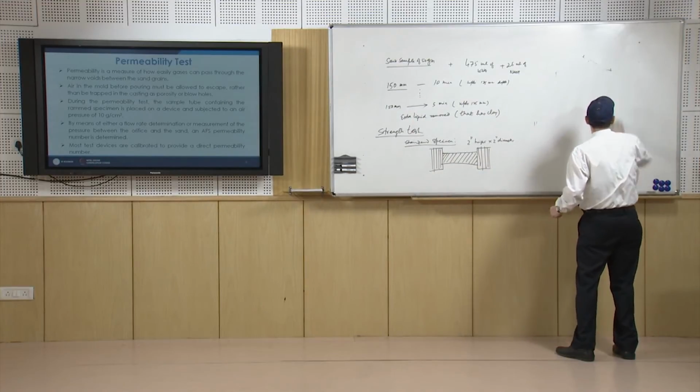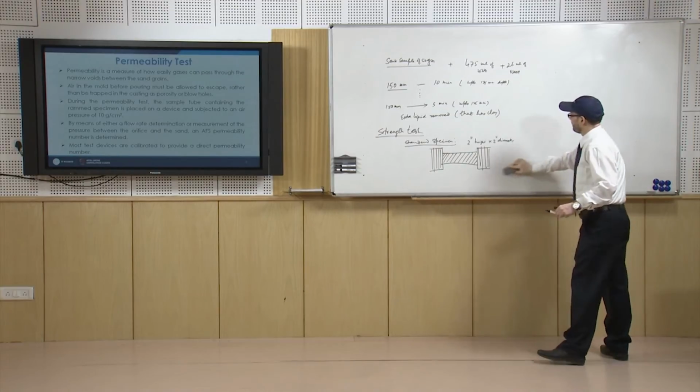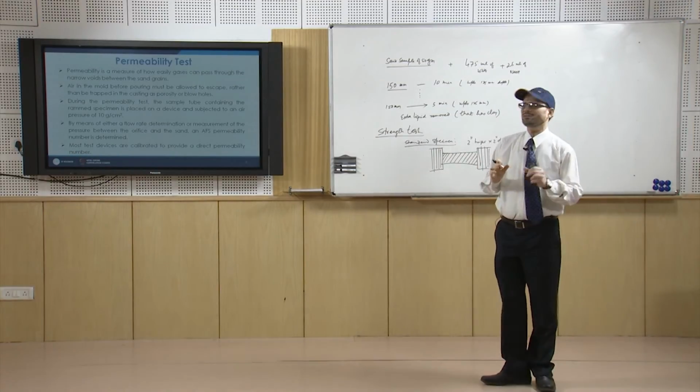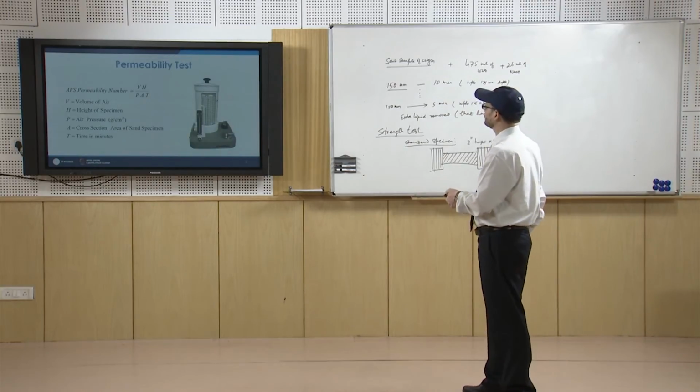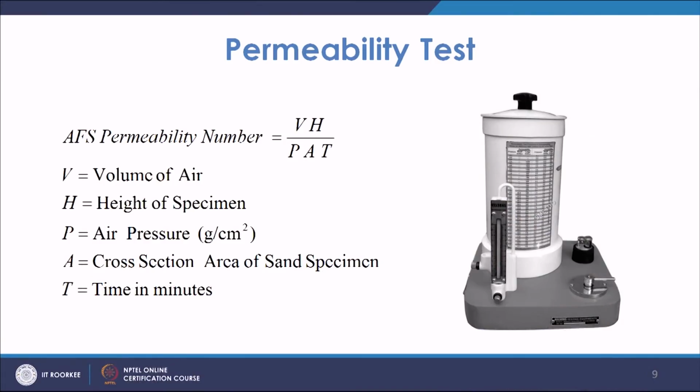So, the permeability number will be VH upon PAT. There is an apparatus for finding the permeability, and the permeability number is VH by PAT, where V is the volume of air which is going to pass through the standard specimen, H is the height of the specimen. If you have a standard specimen, H is in centimeter, then P is the pressure you are using.